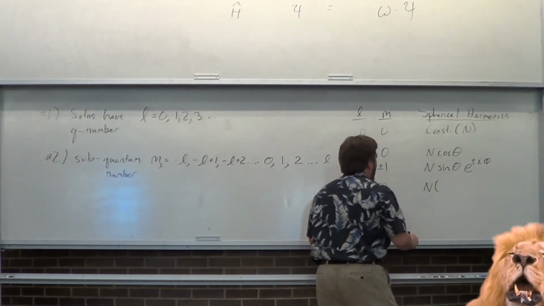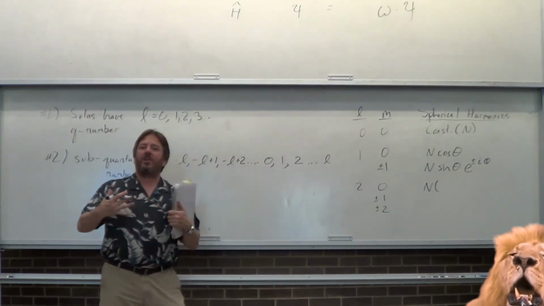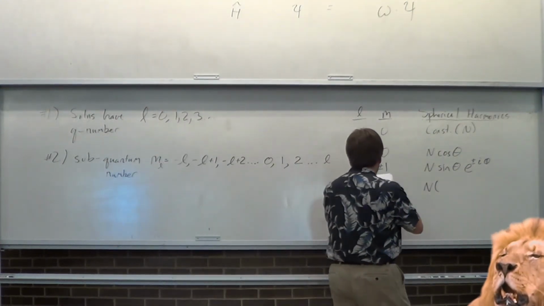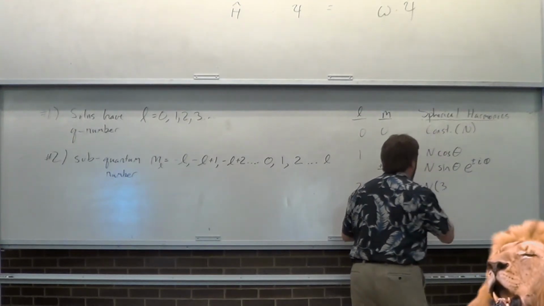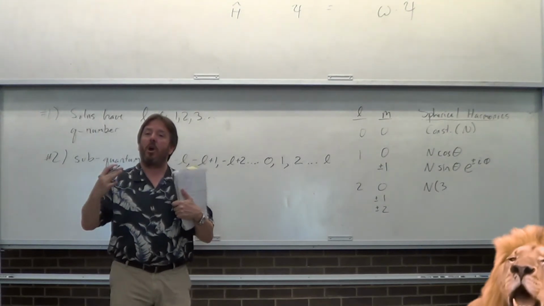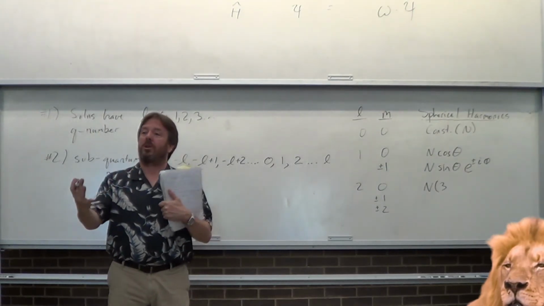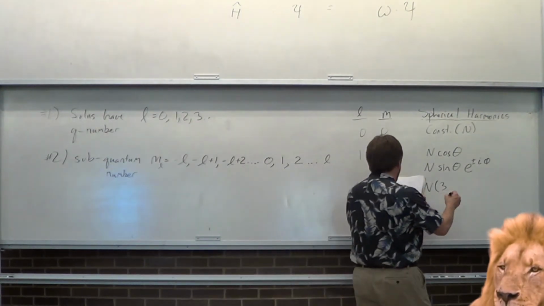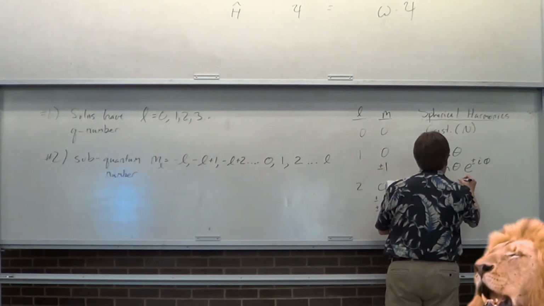Now what can you possibly do now that we've used up a sine and a cosine? Remember, if these are excited states, they have to have nodes. What does a node look like for an angle? You probably don't know that, but you have to square the thing.